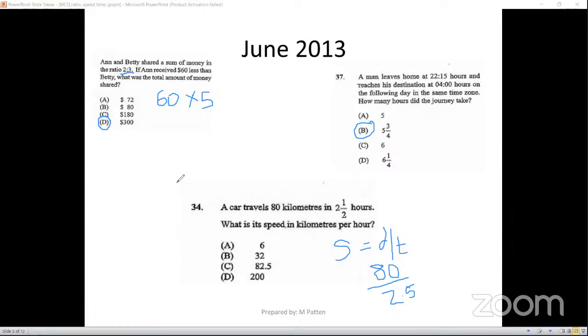It's 32. I feel like some persons guess and then just say 80 multiplied by 2.5. But speed is distance divided by time, right? So you should not have multiplied. Then it could be more than 80.